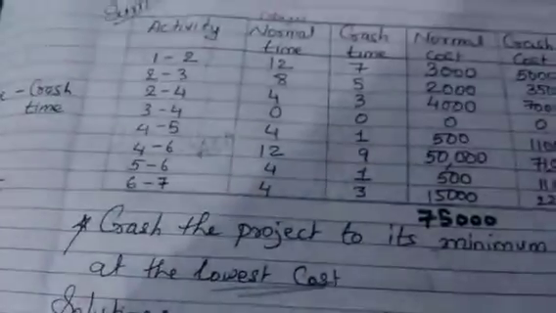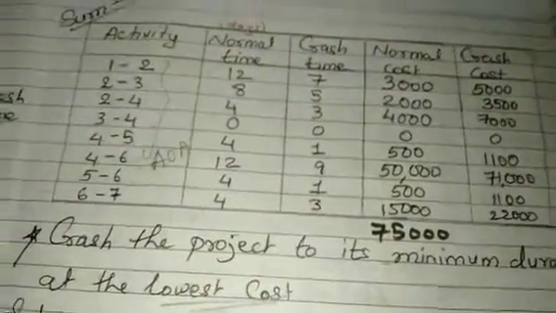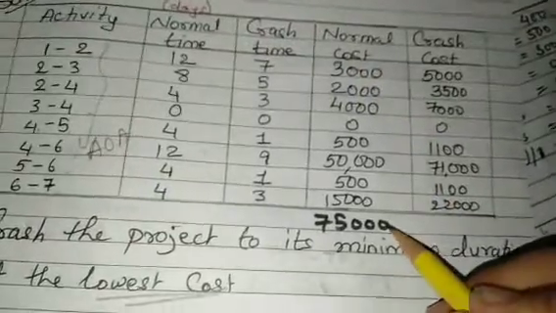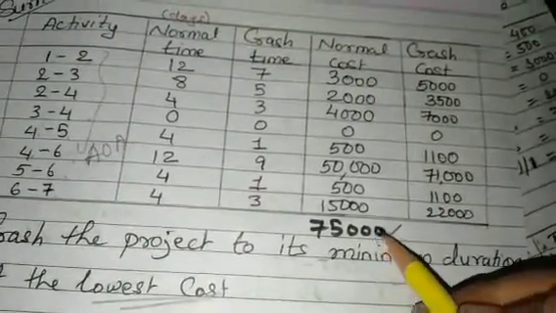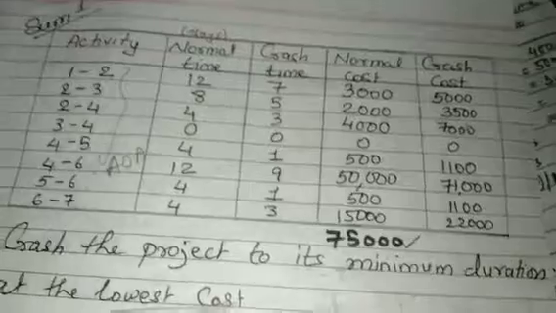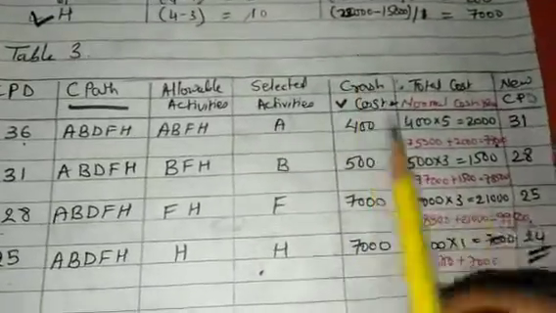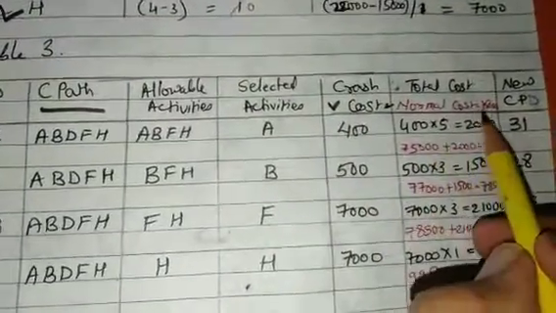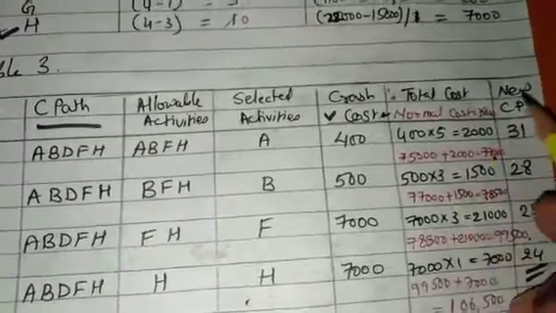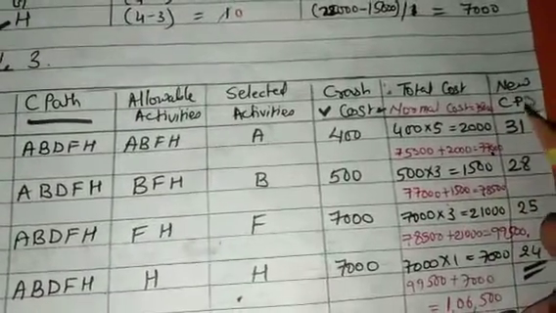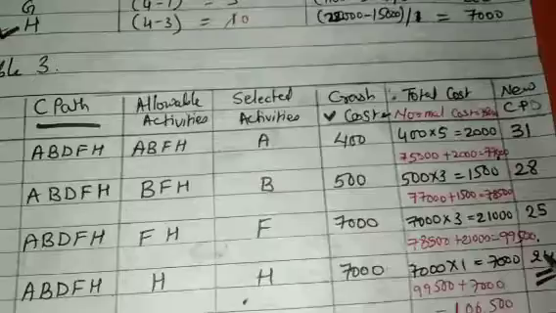Remember, in total cost we have to add the normal cost total. As I see in the question, the total of the normal cost is 75,000, so that should be added. After crashing, the new critical path would be written here.